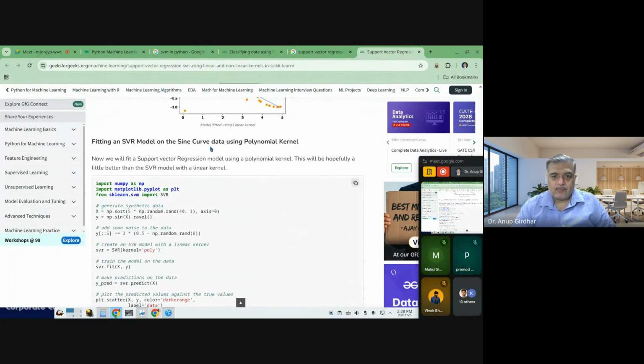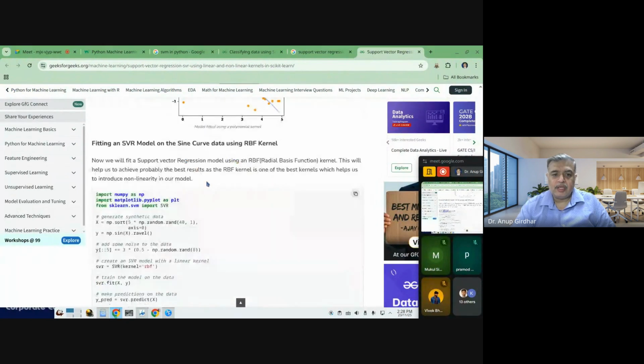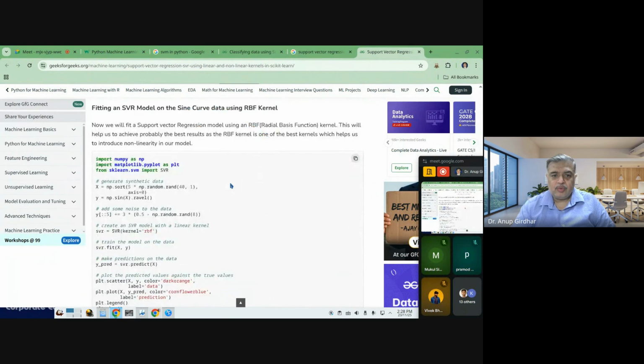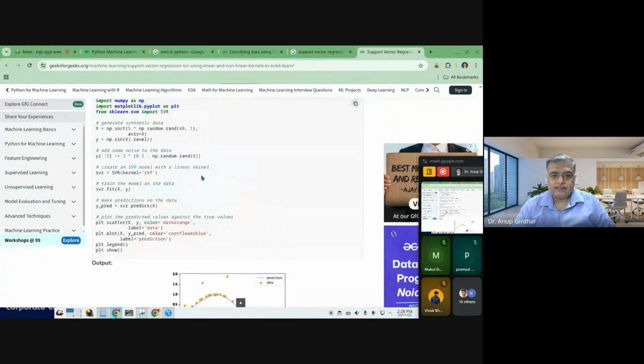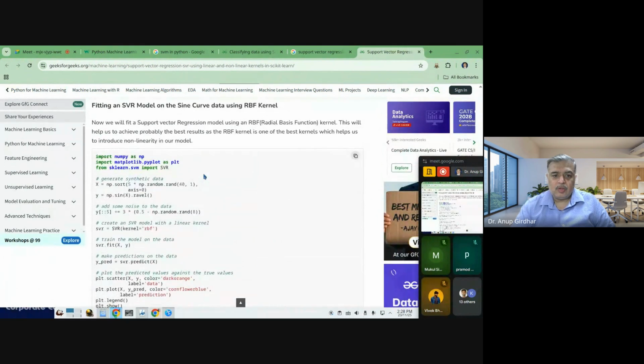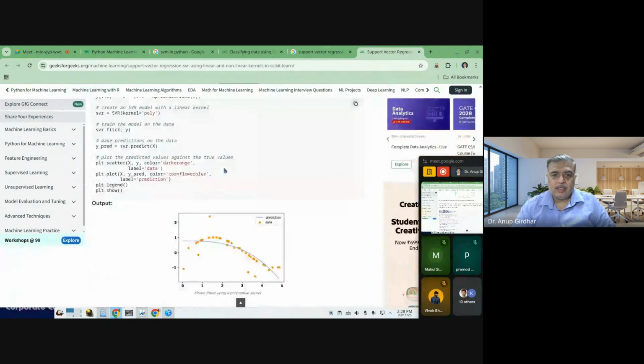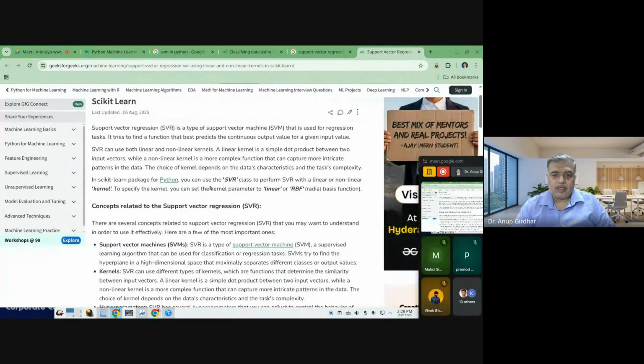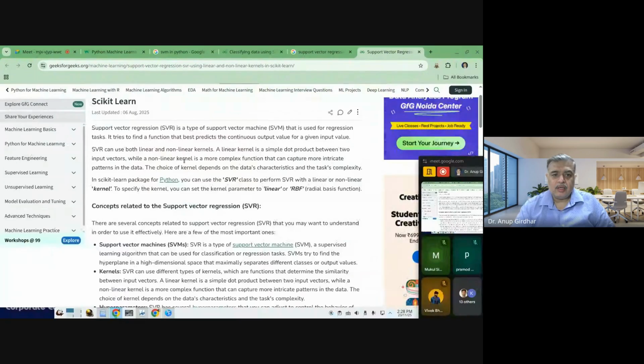And then you have a polynomial kernel. So you got the polynomial kernel, and accordingly you can prepare your data set. Rest all the basic things are the same, whatever we did earlier. So rest all the things are the same if you check, but you have a regression part.